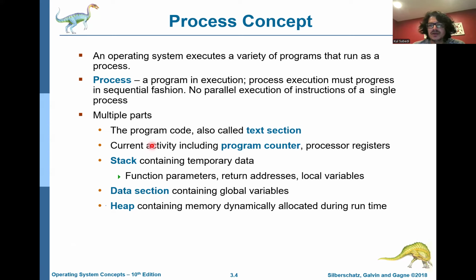And what are the parts of the program? Program code. You need a code section, which is also called text section. And also we need a data section. That's what we mentioned earlier, code and data. Now, when it comes to running the process, this data has to be loaded to memory. This data has to be managed by your operating system. Then it provides a program counter. What is a program counter?